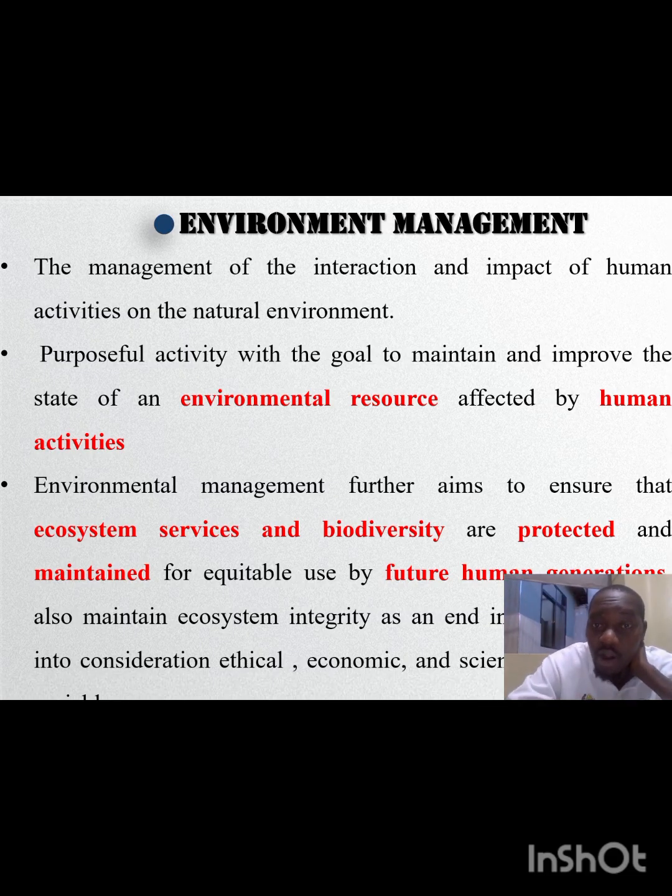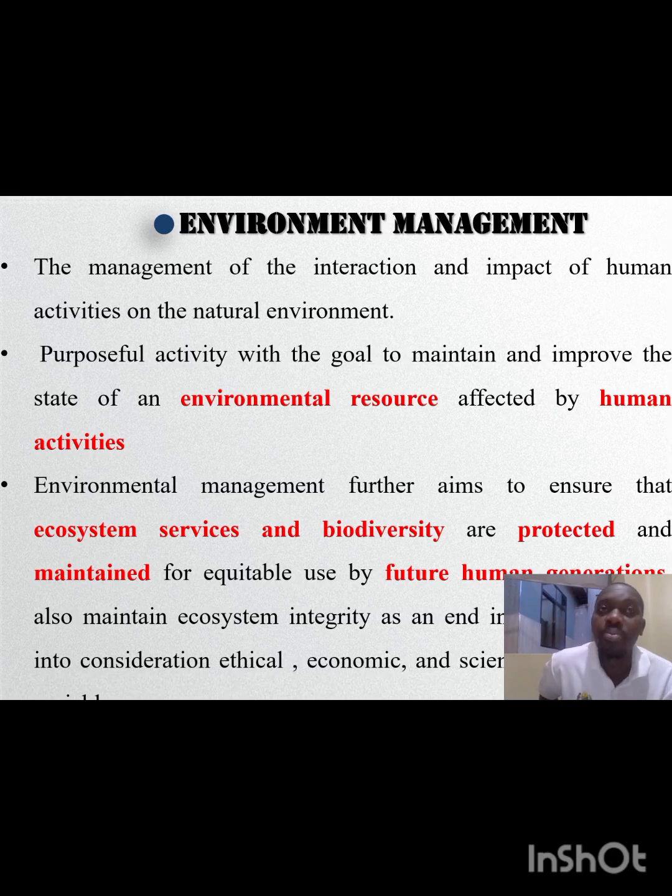It is a purposeful activity with the goal to maintain and improve the state of an environmental resource affected by human activities. Water is an environmental resource.